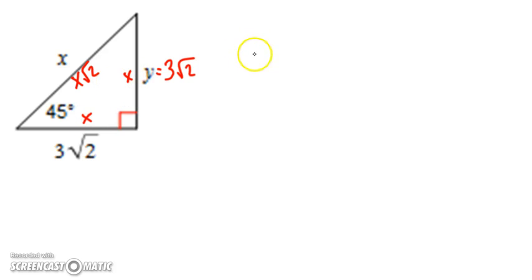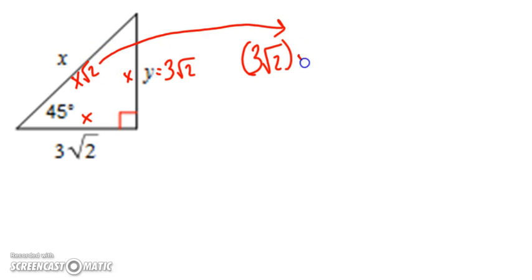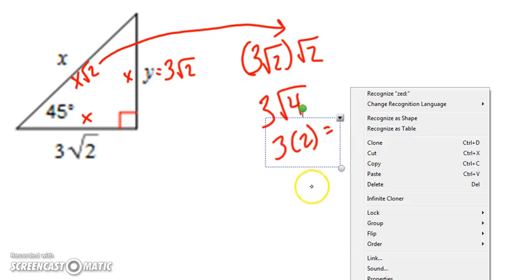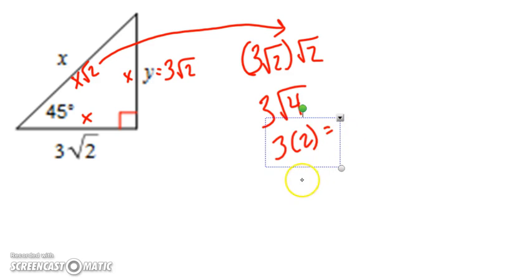Now we need to substitute in 3 radical 2 for x, but we still need to multiply this radical 2 as well. So we multiply what's on the outside, just the 3. Then we multiply underneath the radical, which becomes 4. We know that the square root of 4 is 2, which gives us our final answer of 6.